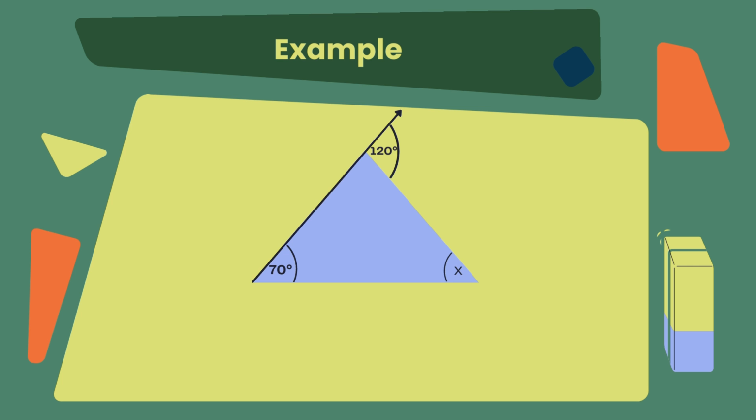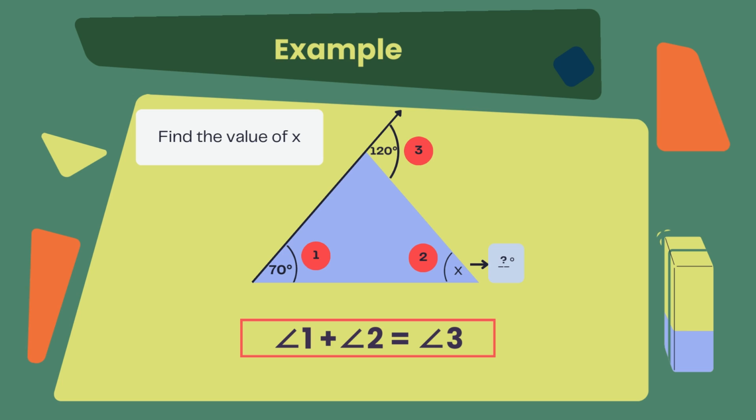In the given figure, find the value of x. Let us first mark these angles as angle 1, angle 2, and angle 3 for our convenience. Now, we can use the property of exterior angle and write that angle 1 plus angle 2 is equal to angle 3.